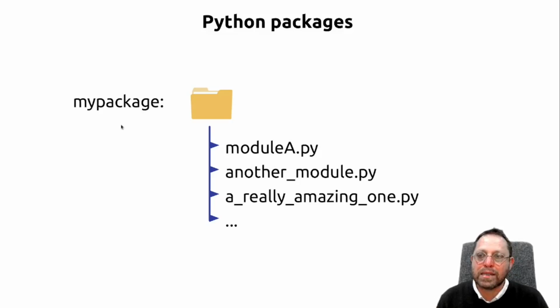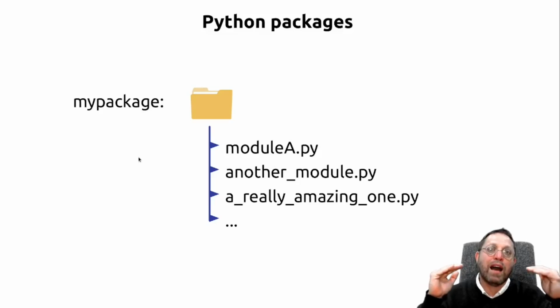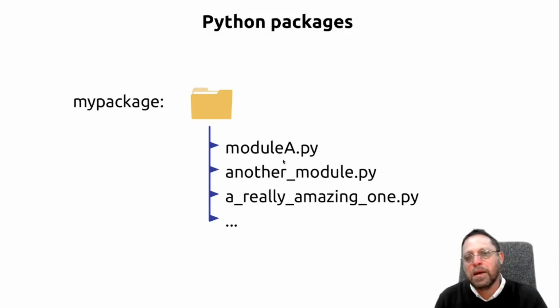So in this case, I have a folder called my package, and it contains files module_a.py, another_module.py, and a_really_amazing_one.py, and maybe some other stuff. And these different Python files maybe know how to work together in order to provide some package functionality. And you will probably, for any given package, not need to know much about the internal organization of the package. You'll just need to know how to use it from the outside. So this package level interface.